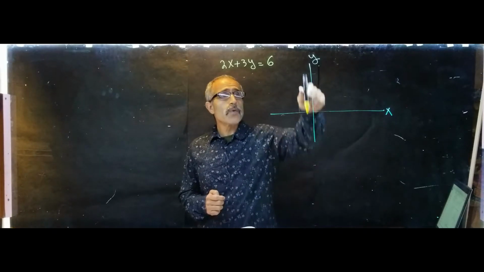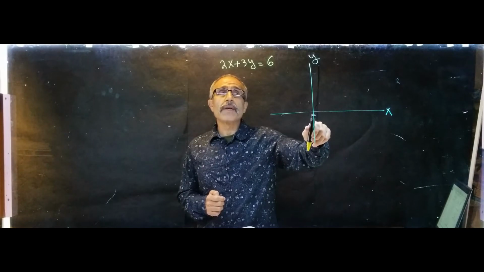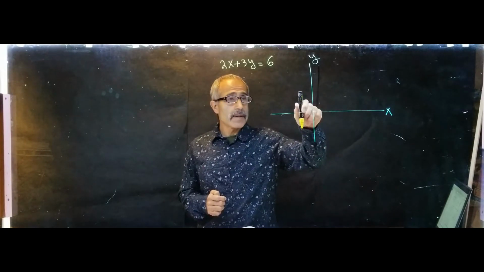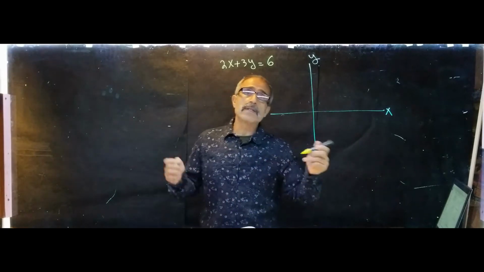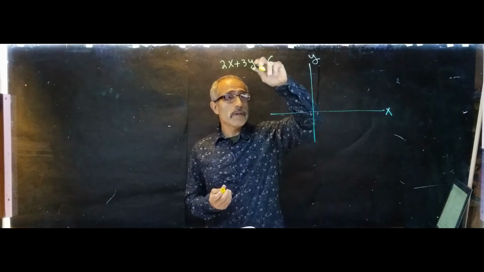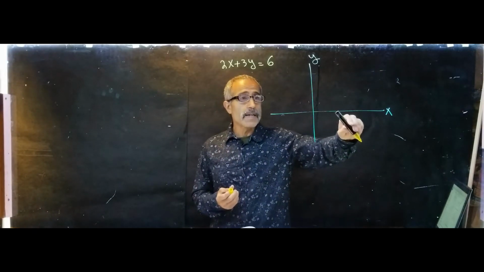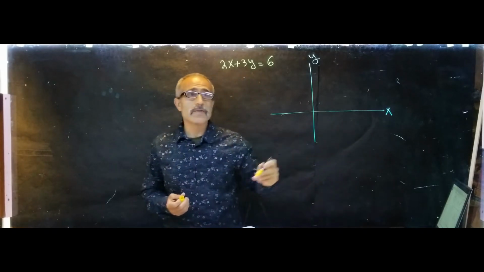No matter where I cross the line of y, that means x is 0. And the same the other way. If I want the y-intercept, then wherever I cross the x line, my y is 0. So let's find the first one first.